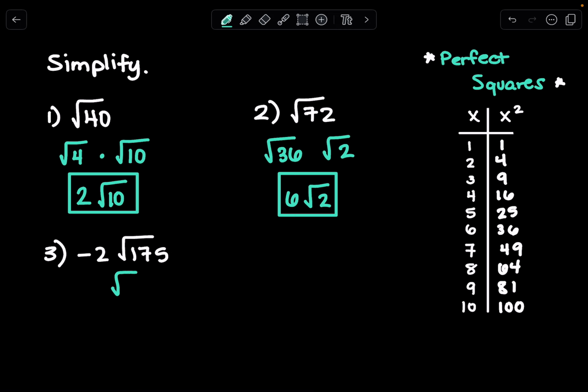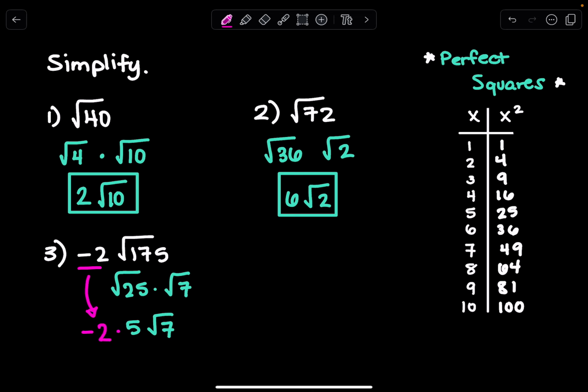So this is the square root of 25 times the square root of 7. So this is 5 square root 7. Now the one thing that's different here on number 3 is I have this -2 out front. Once I have the 175 simplified, I'm just going to bring him back down.